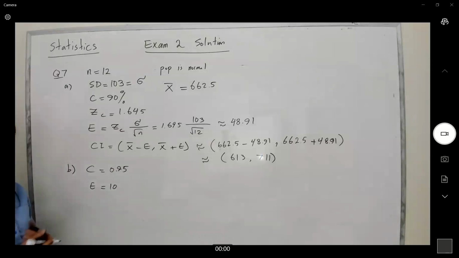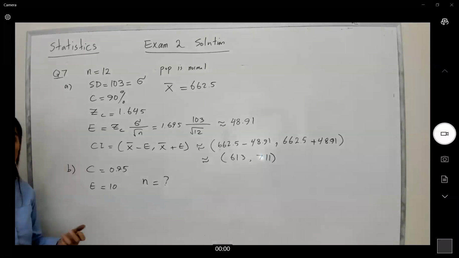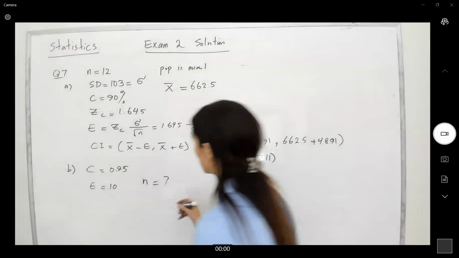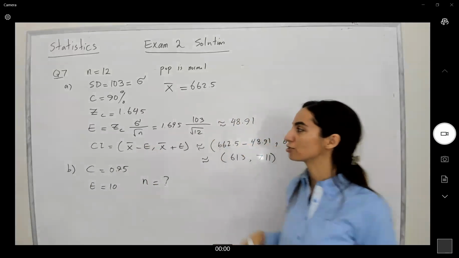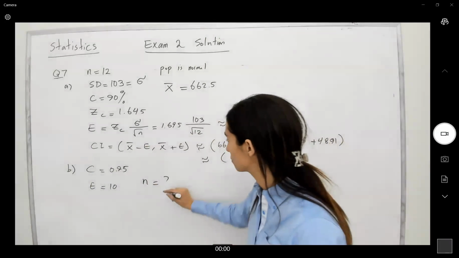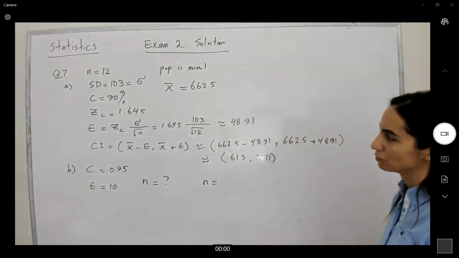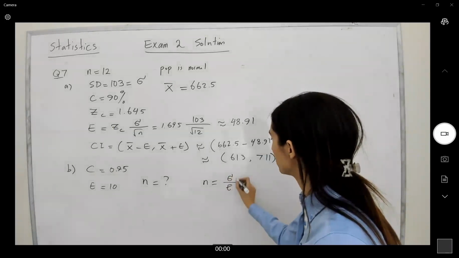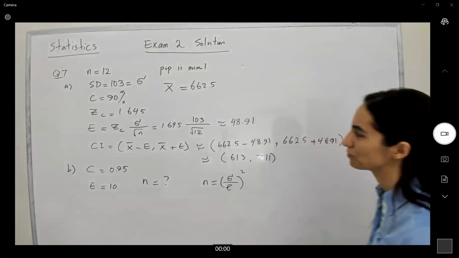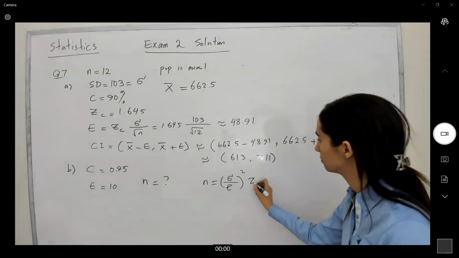Perfect. C is equal to 95%, E is 10. We want to find the minimum sample size. To find the minimum sample size, remember that we're using exactly this formula. We flip it and we get rid of the radical. So here you get n equals sigma over E, squared, times ZC.